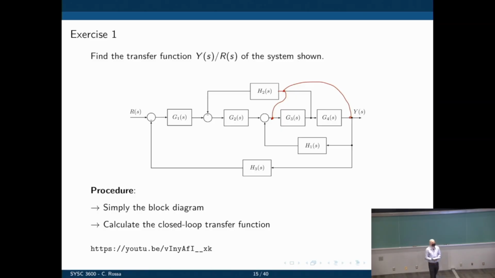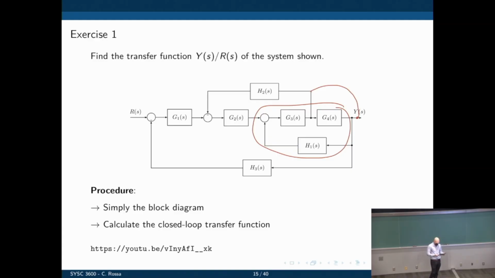Which one helps us with further simplifications? Moving it back ahead of G3, then we'll have a problem later with this feedback loop. Right? Because the signal is still there, still bothering us. If we take this signal and move it past G4, then we can also eliminate the feedback loop and you don't have to worry about it.